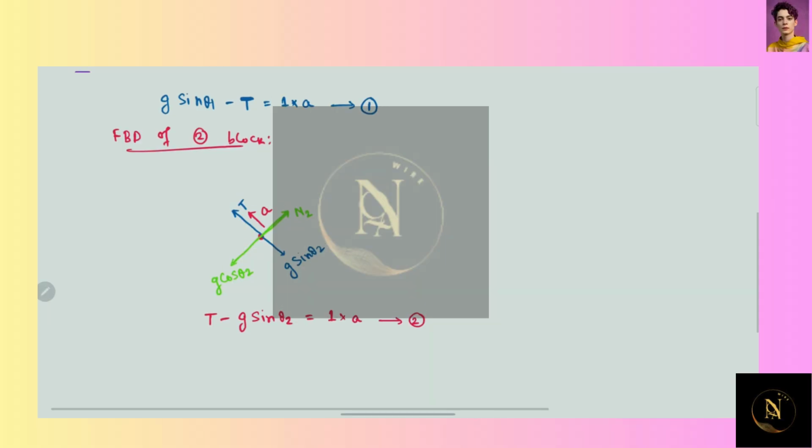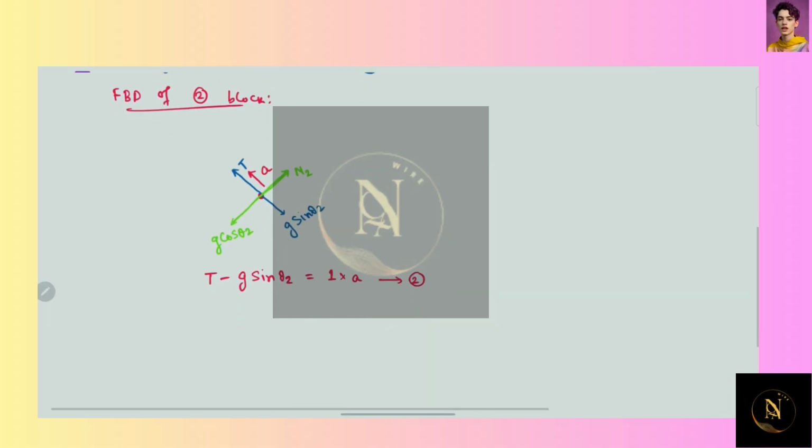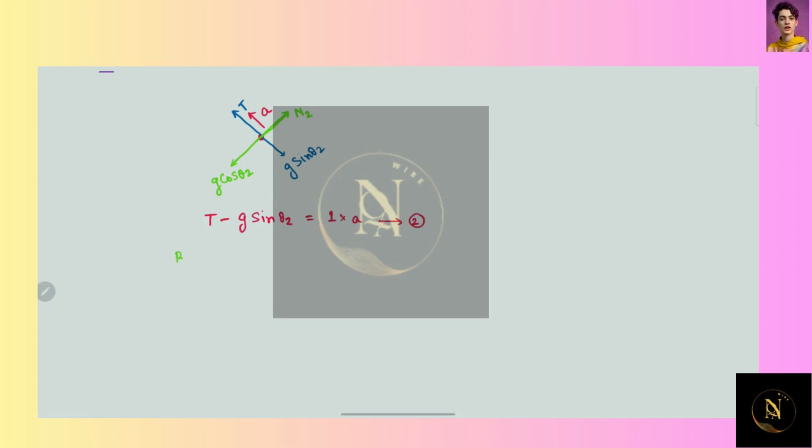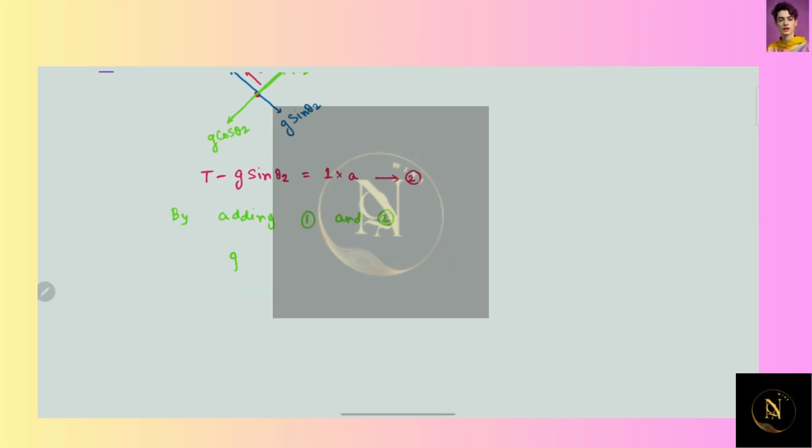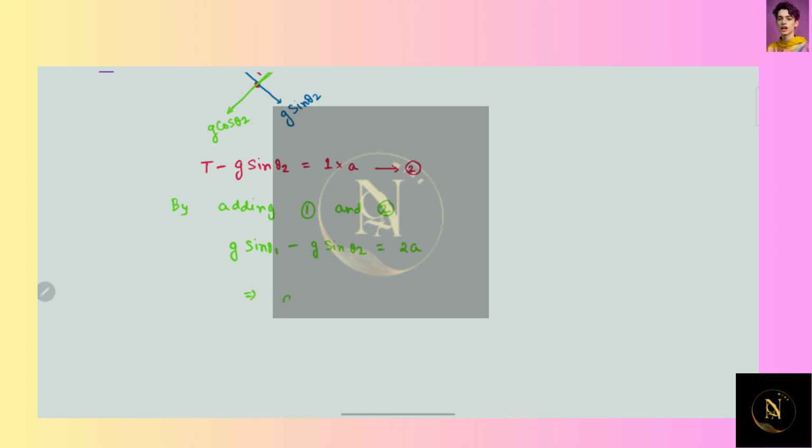Now if I add equations 1 and 2, we get g sin theta 1 minus g sin theta 2 equal to 2a, or a is going to be g by 2 into (sin theta 1 minus sin theta 2).